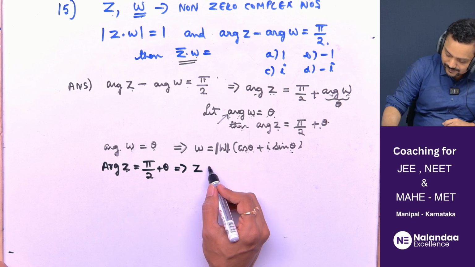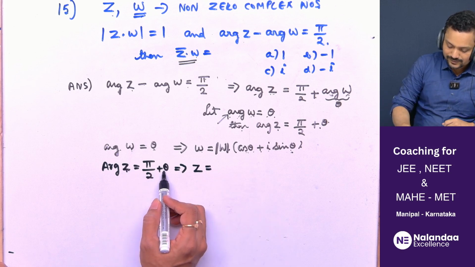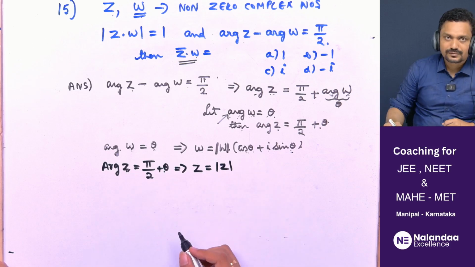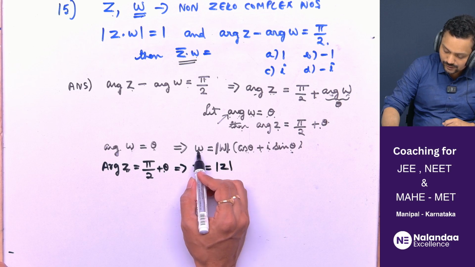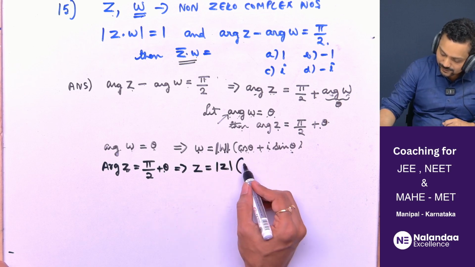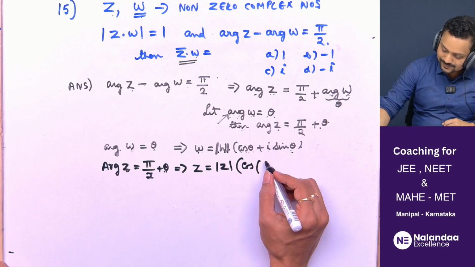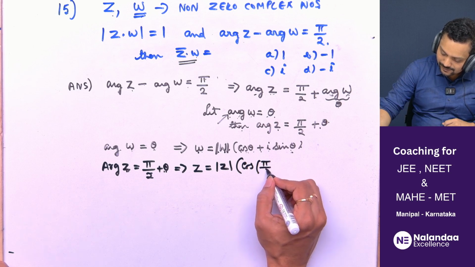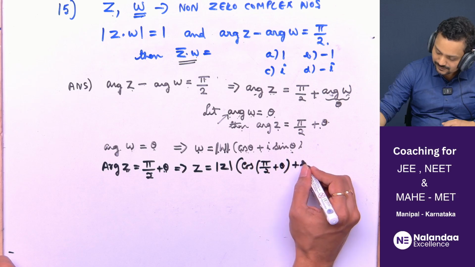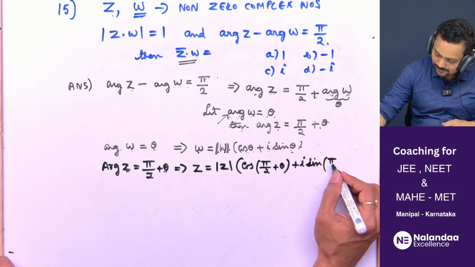That means z is equal to mod z into cos of pi by 2 plus theta, plus I sin pi by 2 plus theta, because pi by 2 plus theta will be the angle there.